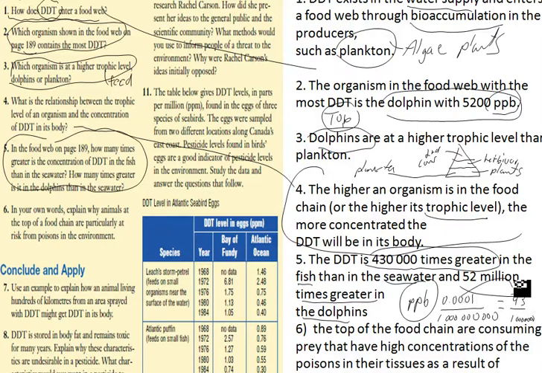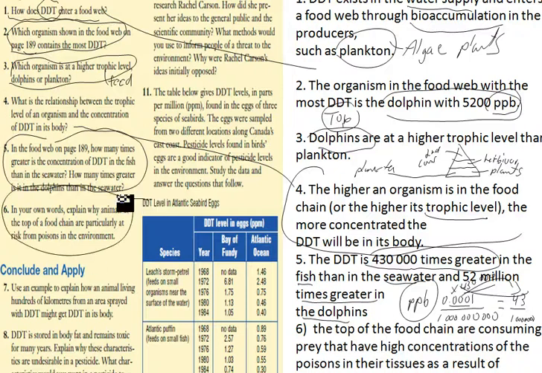So how many more times greater to go from there to there? We have to times by 430,000. Okay, so to get from here to here, we times by 430,000.